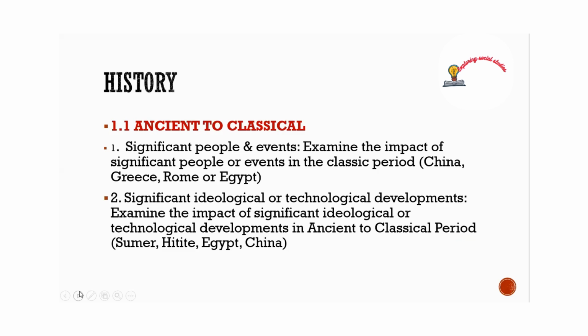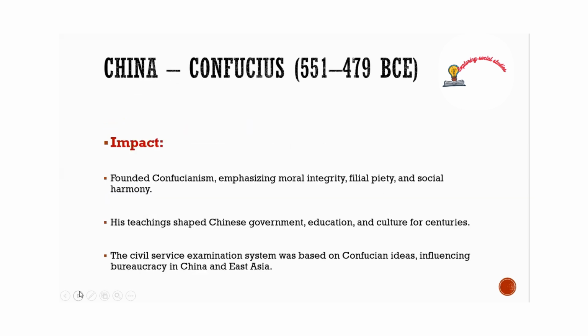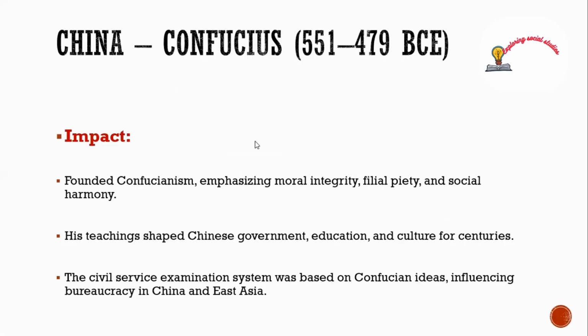Significant ideological or technological developments: examine the impact of significant ideological or technological developments in the ancient to classical period: Sumer, Hittite, Egypt, and China. So here we go. China, Confucius, 551 to 479 BCE.